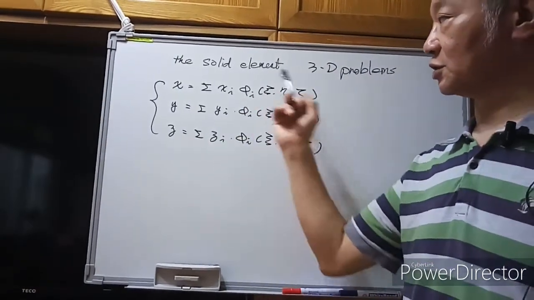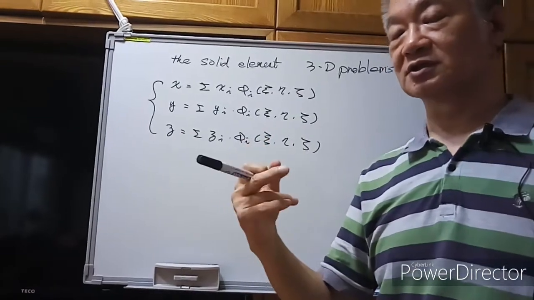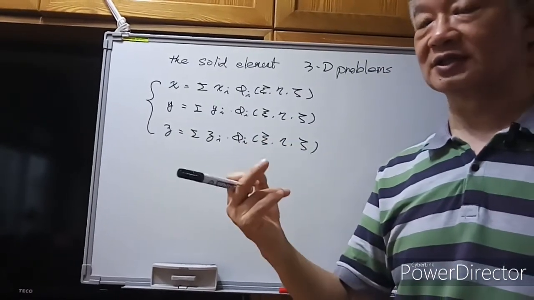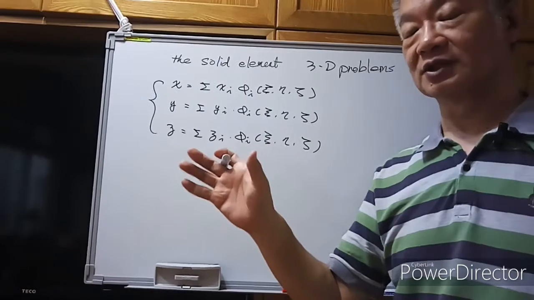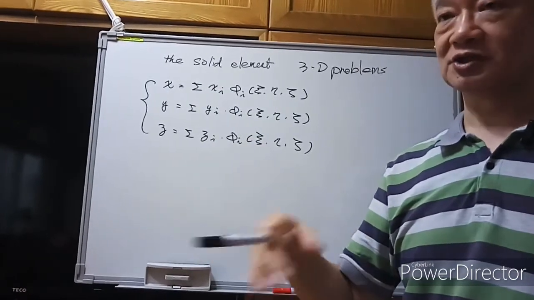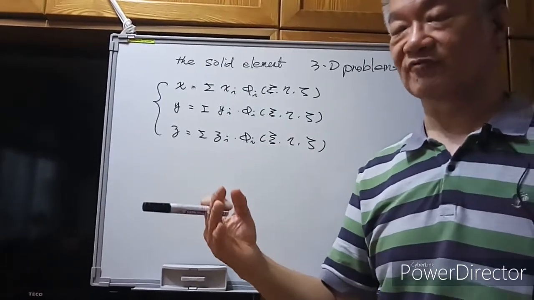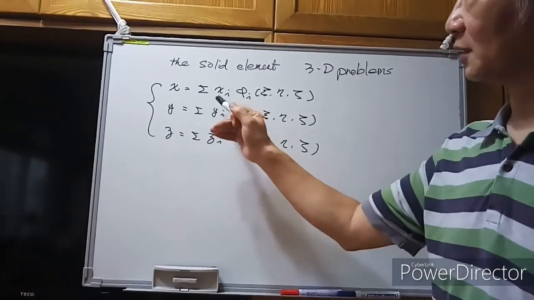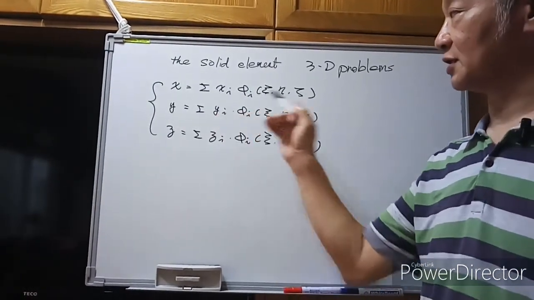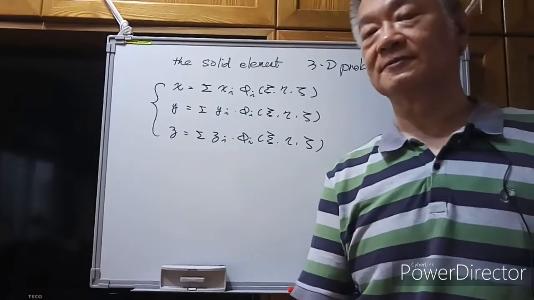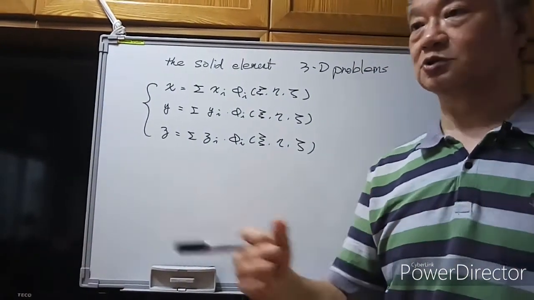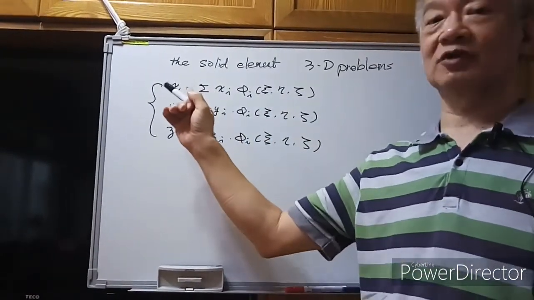But if we use the shape functions, they are used to interpolate the data from the discrete points to establish continuous functions. So if we multiply the nodal coordinates by the shape functions, then we can establish a continuous x function.